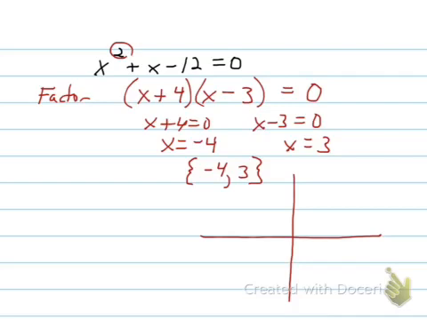You found where this graph is going to cross on the x-axis. X equals negative 4 and x equals 3 is where it's going to cross. Now what you don't know is how to graph it, and actually what it ends up being is this little thing that goes way down here and back up.